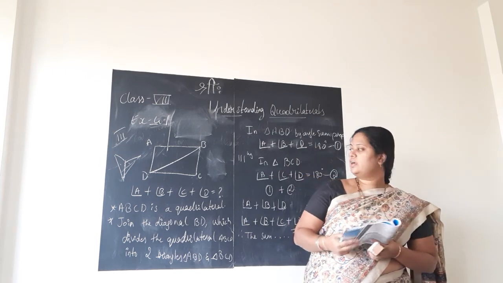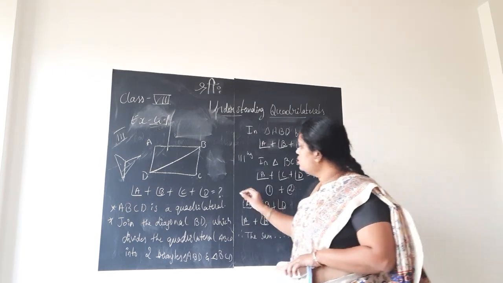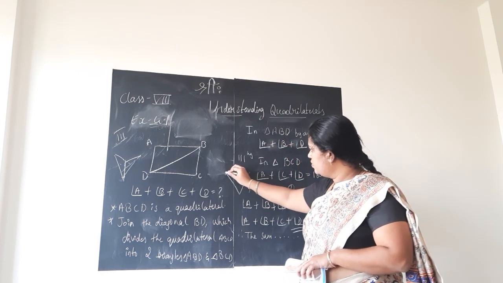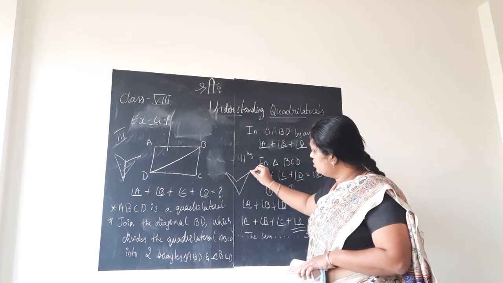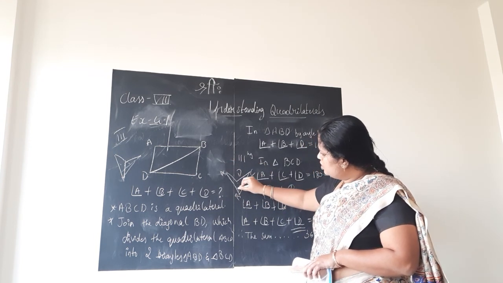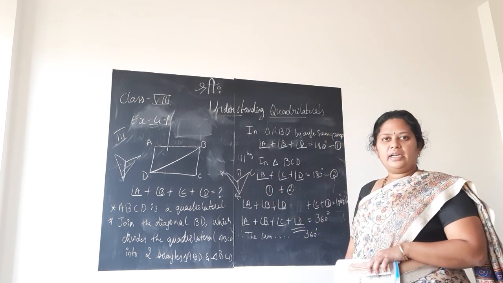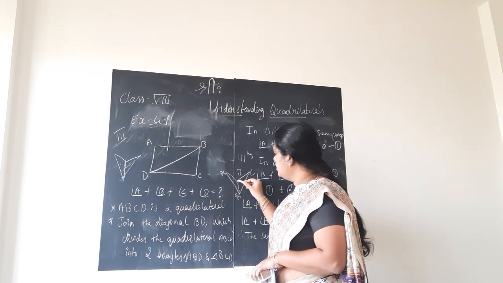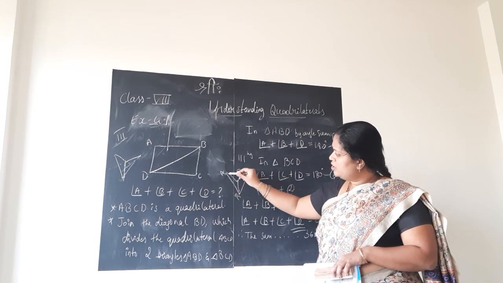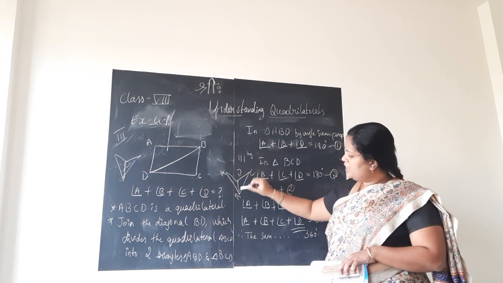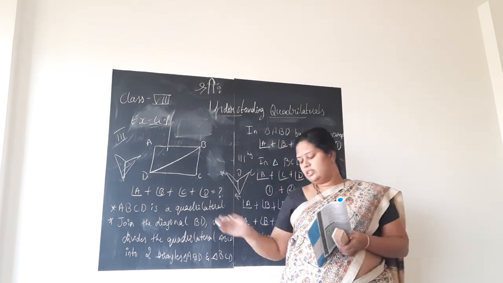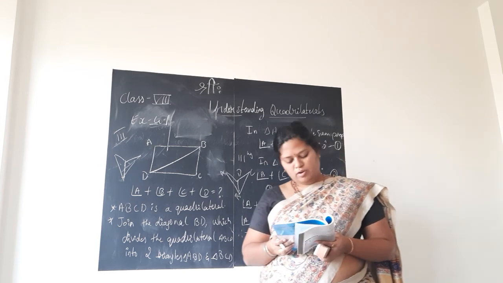Just draw the concave quadrilateral and label A, B, C, D. Join the opposite vertices B and D. Diagonal BD will divide quadrilateral ABCD into triangle ABD and triangle BDC. Same steps you can follow and you will get 360 degree. It holds good for concave also.